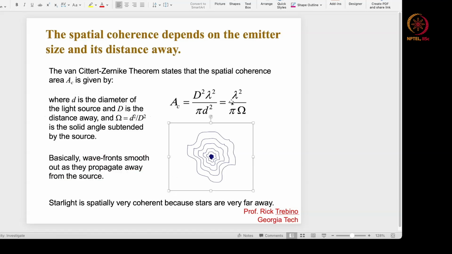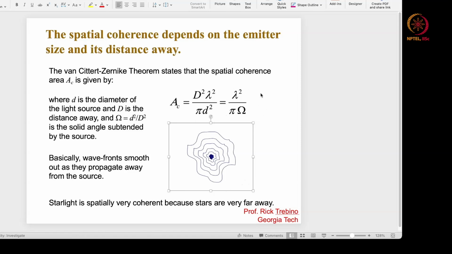You can see that as you go on increasing the distance, capital D, this solid angle becomes smaller and smaller, right? As a result of that, the spatial coherence area becomes larger and larger. Okay, another way of saying it is that the wavefronts actually become very smooth as they propagate away from the source.